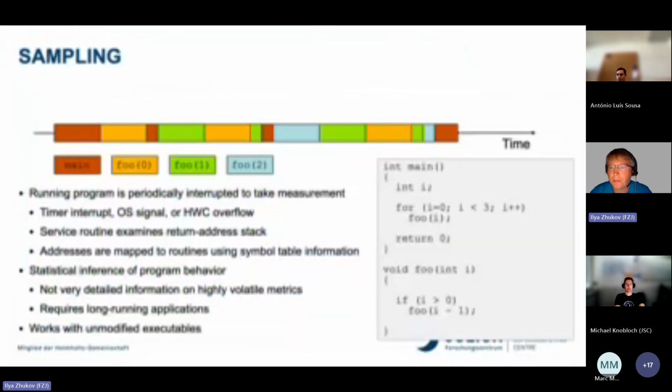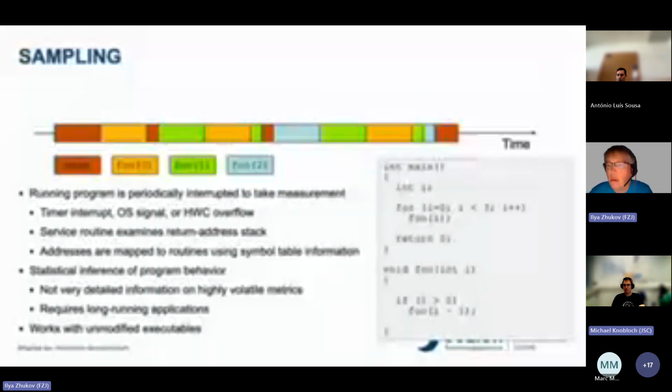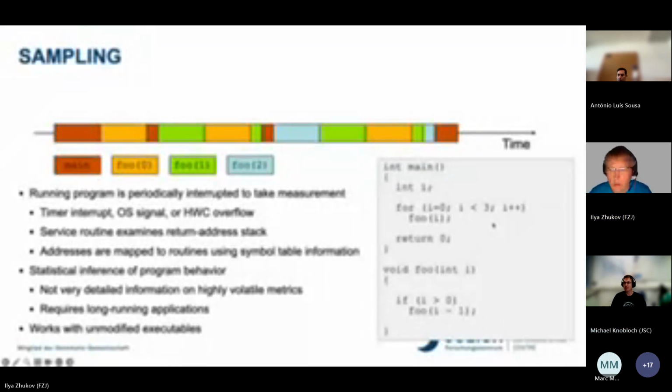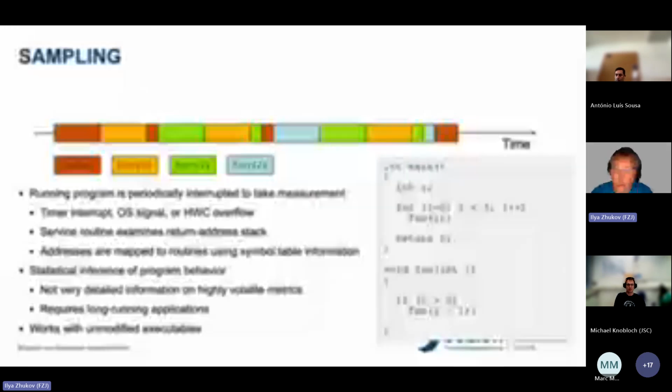the technique of sampling. First, let's consider, I hope you can see my cursor, this source code. We have a main function, and inside main we have a for loop, and inside the for loop we have a foo function, which is called recursively.